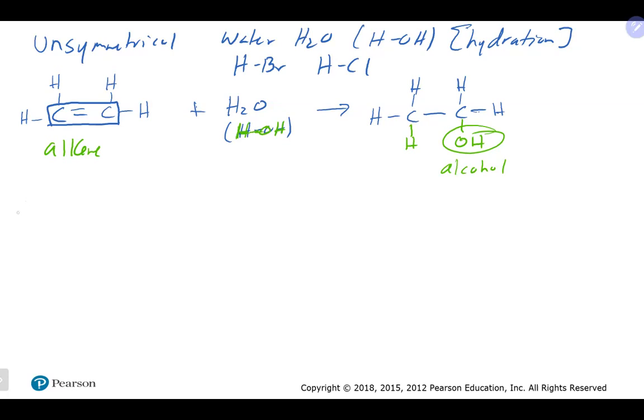Same thing would happen here if we added something like HCl. Works the same way. HCl, we're adding H and Cl. Once again, it will be our double bond that will turn into a single bond.